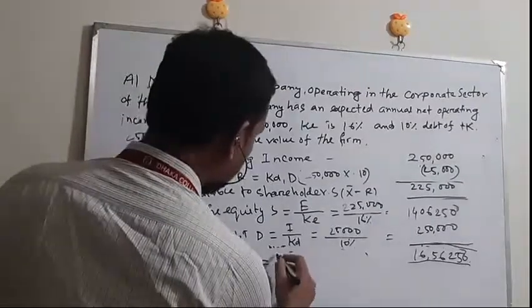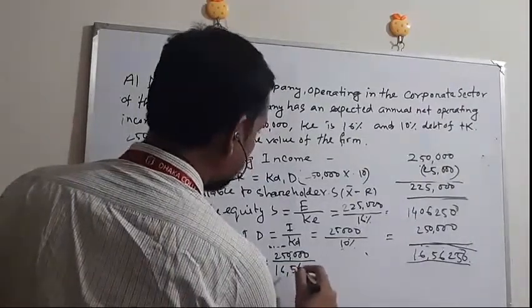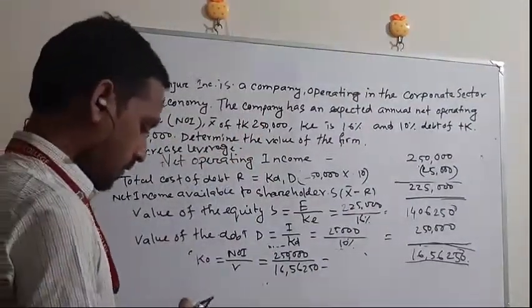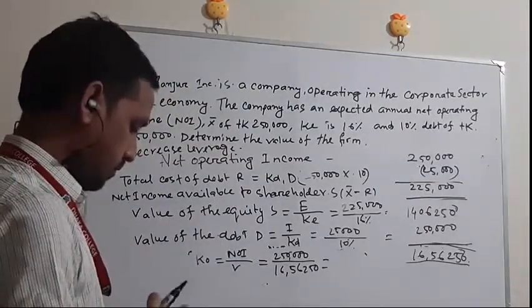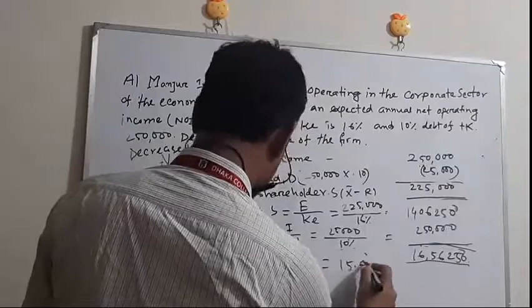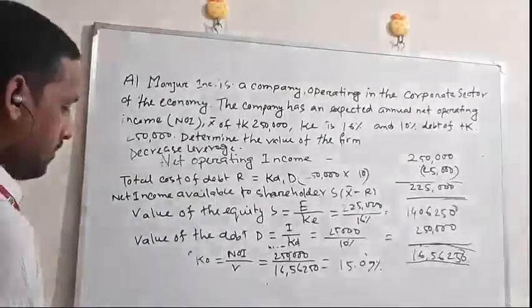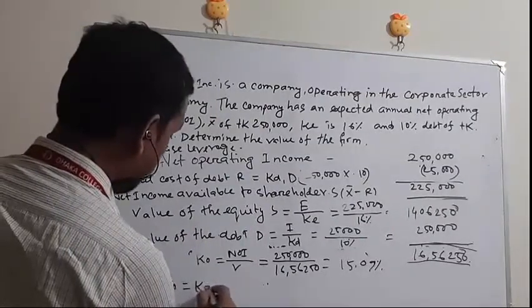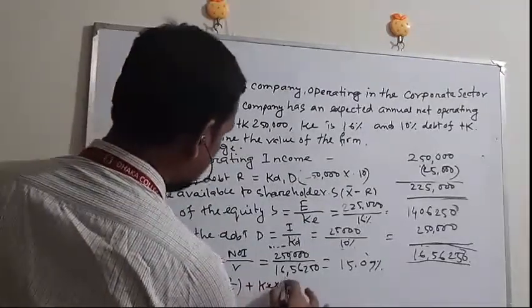So net operating income 2,50,000 taka, value of the firm 16,50,250 taka. So 15.09%. Okay, 15.09%.